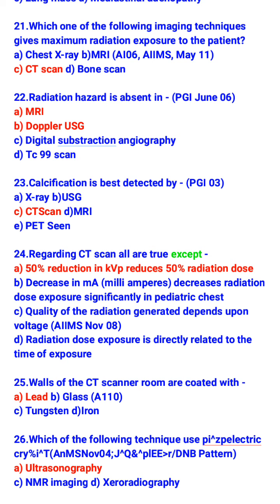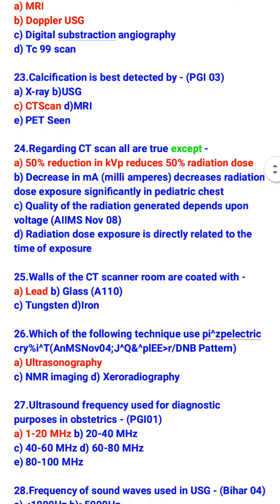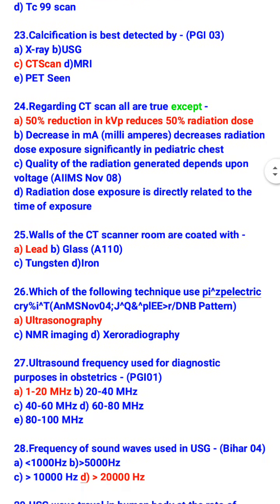False. What is true is that a decrease in milliamperage decreases radiation dose exposure significantly in pediatric chest. Quality of the radiation generated depends upon voltage, and radiation dose exposure is directly related to the time of exposure. Walls of the CT scanner room are coated with lead.